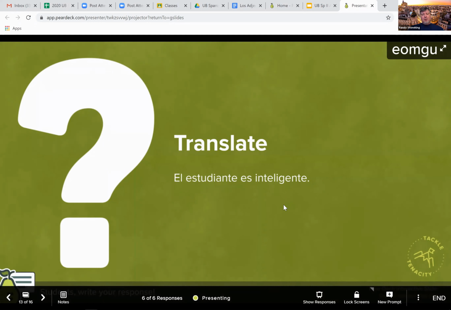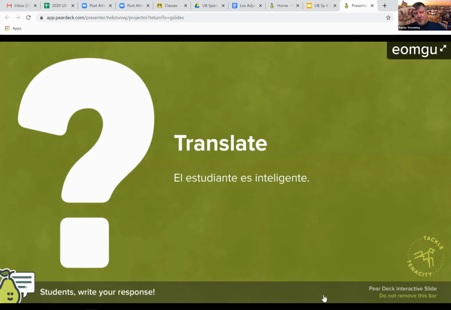Okay, let's do a little bonus question here. Let's put your responses back up. We're going to take the same sentence, except this time, what happens to the sentence? How would you change your translation if it's two students? If it's two students, how would you change this sentence if it's talking about two people instead of one?